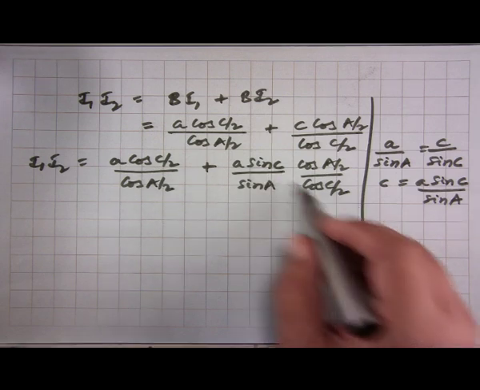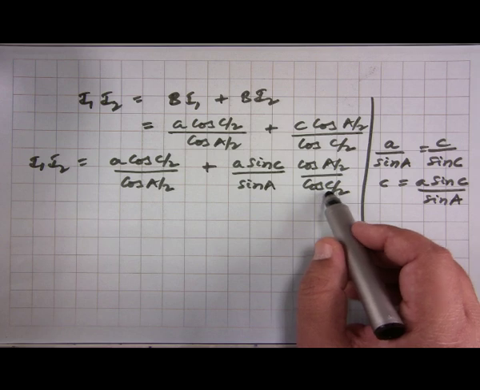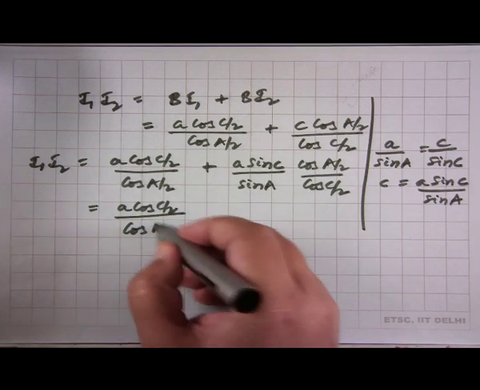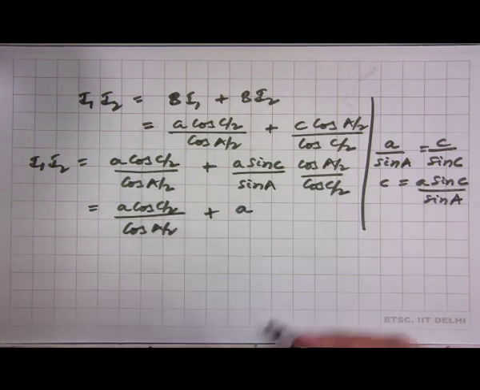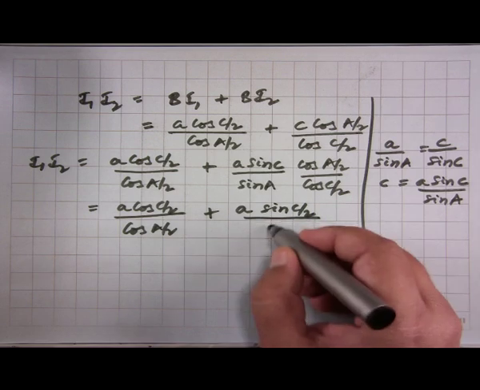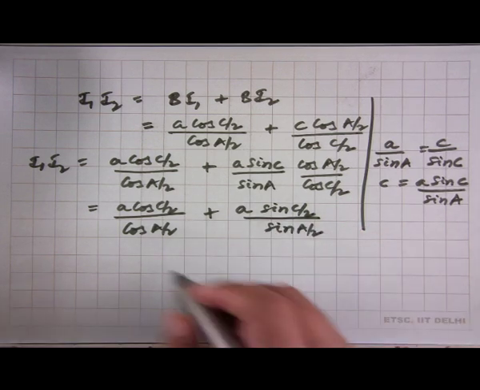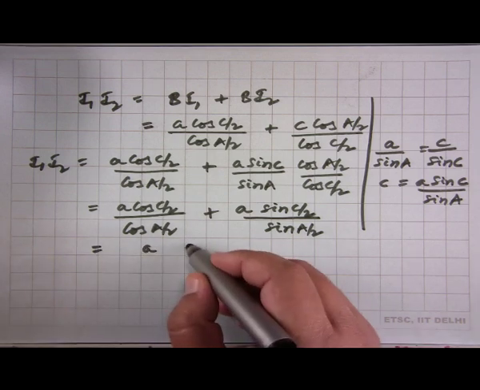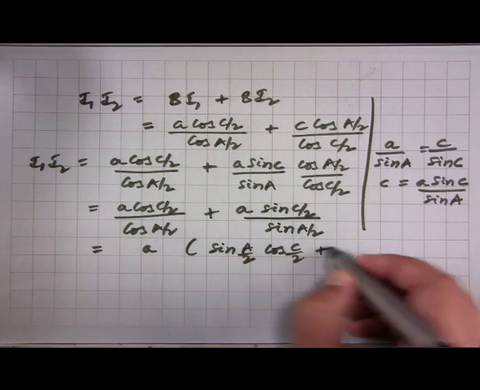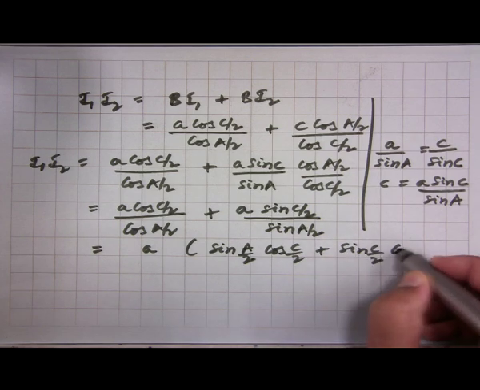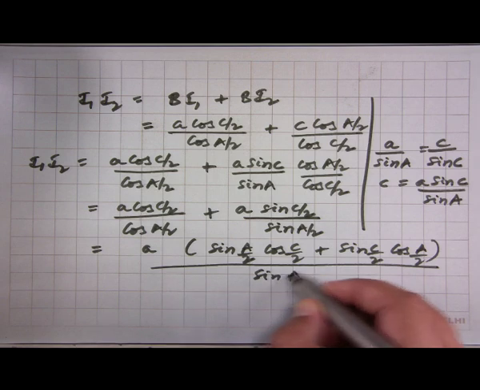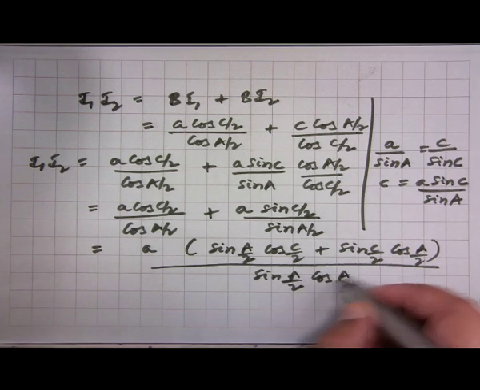So, the cos(C/2) gets cancelled with the cos(C/2) here in the denominator, and what we end up getting is, the first term remains the same and the second term becomes a sin(C/2) over sin(A/2), which is equal to, a is common, times sin(A/2) cos(C/2) plus sin(C/2) cos(A/2) over sin(A/2) cos(A/2).